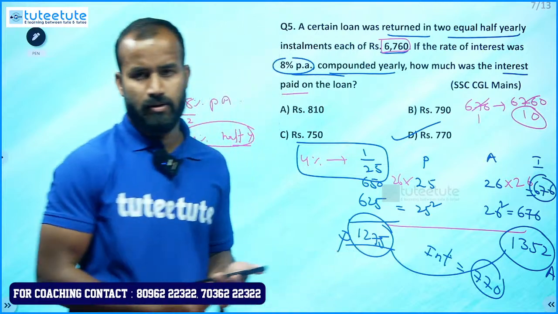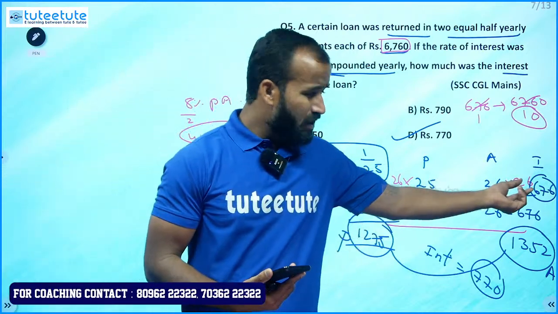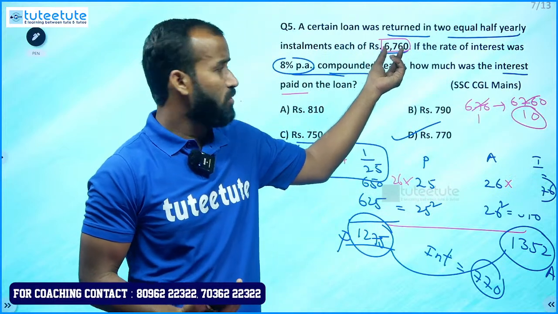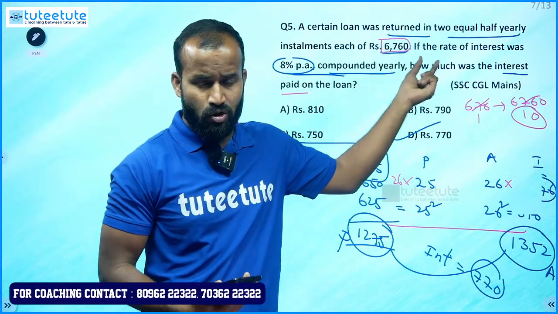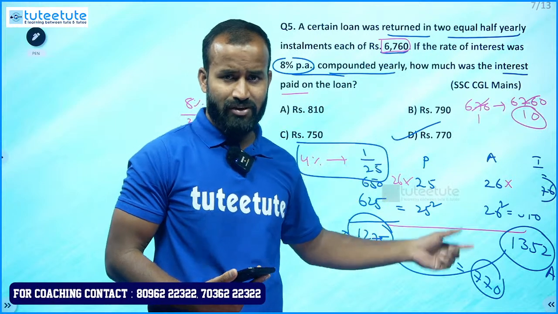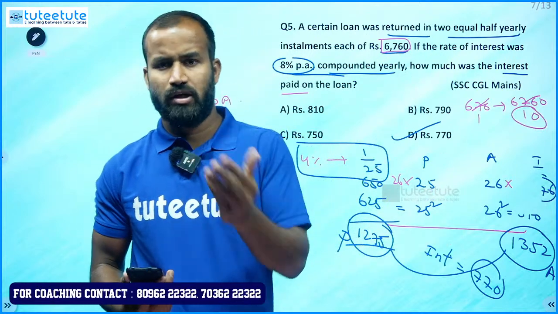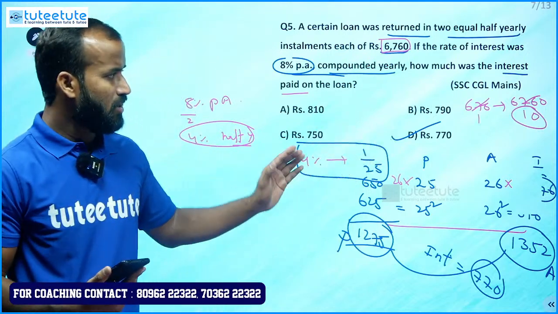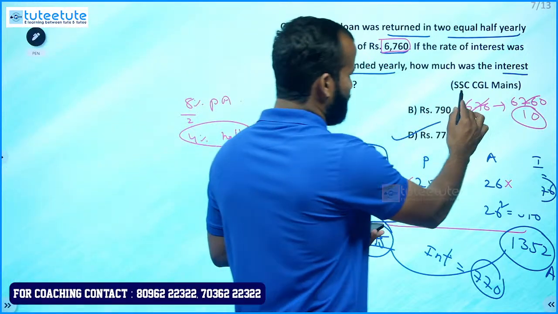When you find the installment itself as 676, you have to see in the question how much each installment is given, 6760. So one part value 10, so 770 will be the answer. This is a previous year CGL question.